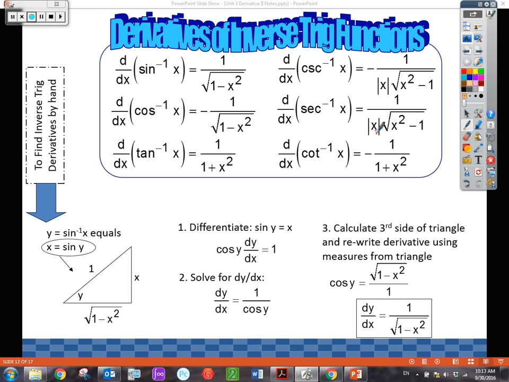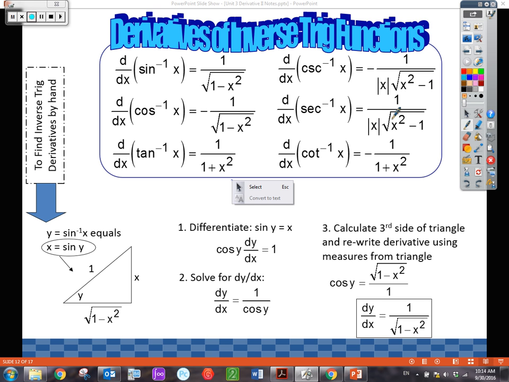Typically students don't have a hard time memorizing arctangent. It's just 1 over 1 plus x squared. The two with the roots, we tend to get mixed up, and I'm going to tell you what I do to help me remember which way it goes. Maybe it'll help you, maybe it won't. Look at the arc cosecant and the arc secant. See how they have the absolute value of x on the outside?